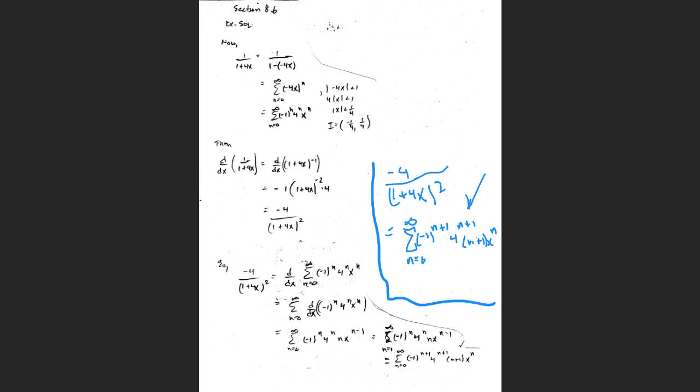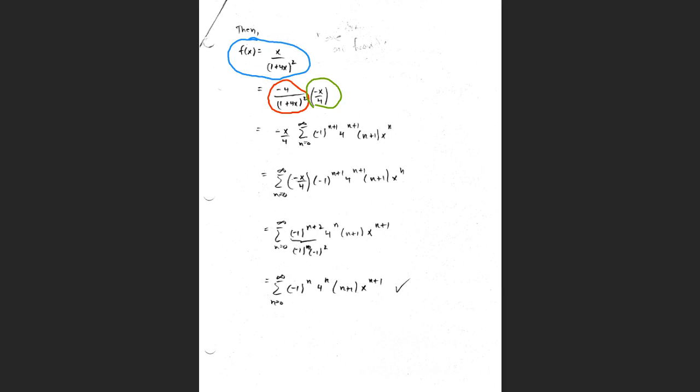Again, our function is x divided by the denominator 1 plus 4x squared. I can write that as -4 divided by 1 plus 4x squared times -x over 4.